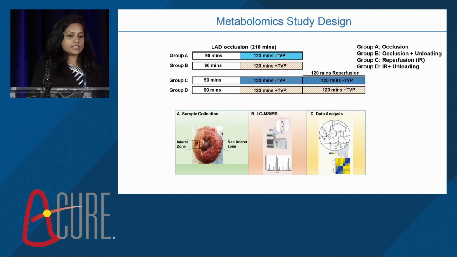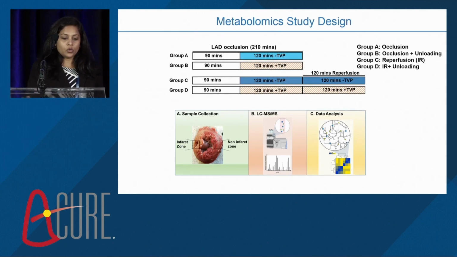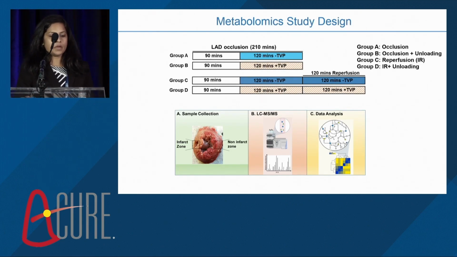So this is our study design, where we used a preclinical pig model of acute myocardial infarction. In group A and B, we induced 210 minutes of LAD occlusion with or without 120 minutes of unloading. And we have harvested the heart and quantified the infarct size.